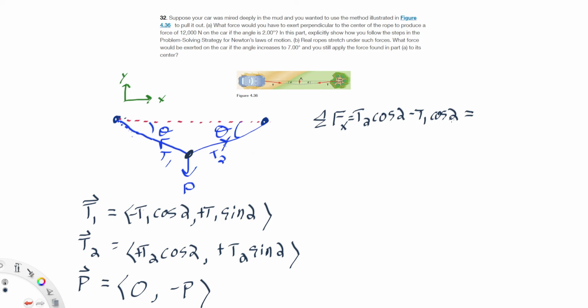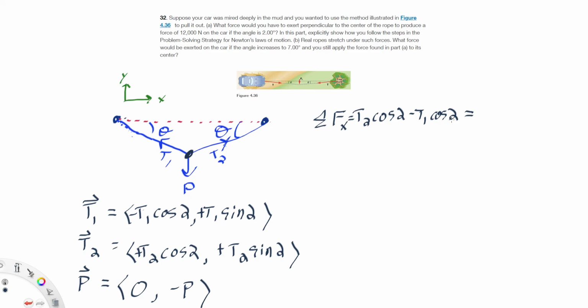That's true. We're not given any information about the car's movement, right? Like, we're not told that 1200 newtons is enough to move the car, just that we want to see if we can apply 1200 newtons of force. Does that make sense? So kind of like, yeah, testing whether the force is appropriate in a way.